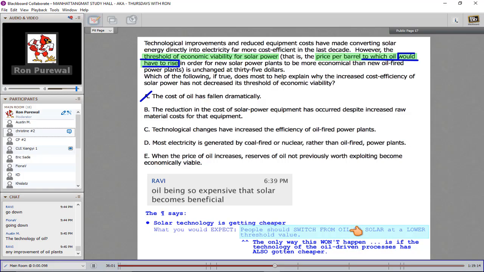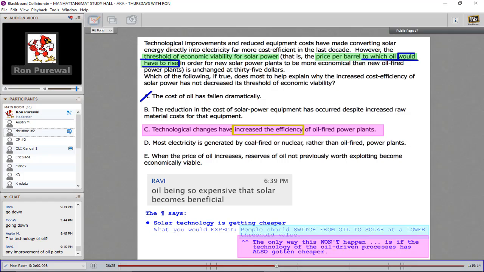Threshold value is stated in terms of oil price, so oil price is not a thing here, and so that leaves us with the oil technology. In other words, that's a standard for a correct answer, and that happens here. Increase the efficiency, meaning it's not the price of the oil, it's the price of everything else. That has to do with oil.